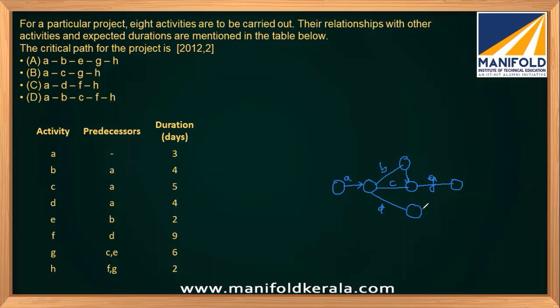So F is from D, merging with G. So this will be F, and it is forming H. So this is our network.